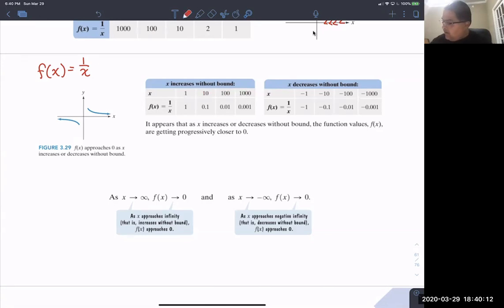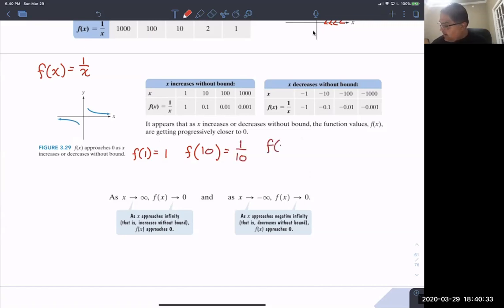Well, when x is 1, f of 1 is 1 over 1, or 1. When x is 10, f of x is 1 over 10.